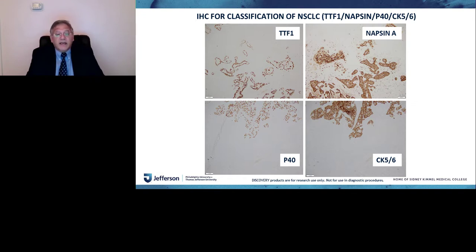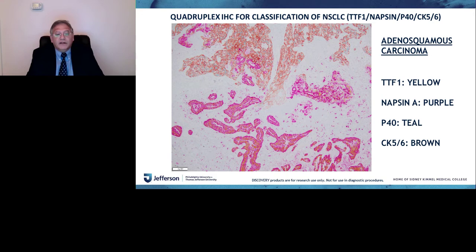Now, on the fifth slide, we did the quadruple multiplex immunohistochemical stain that basically shows you everything together. Instead of having 4 sections, we have all 4 antibodies on one section.